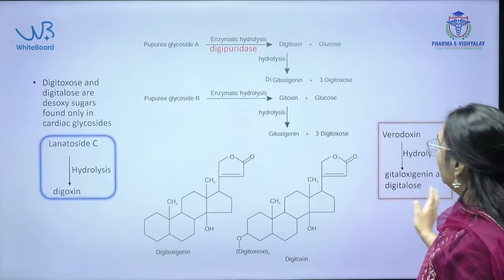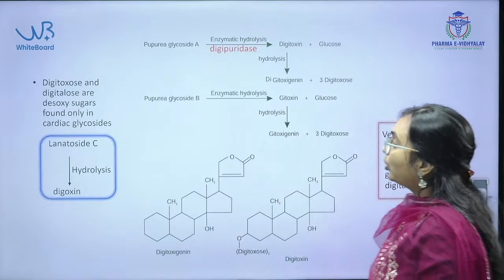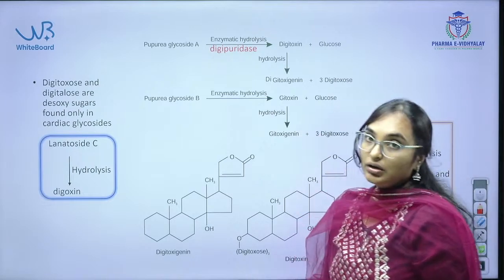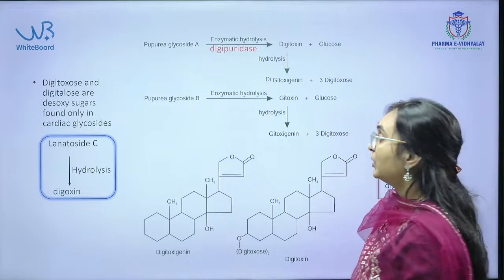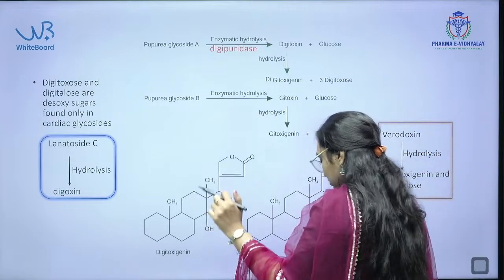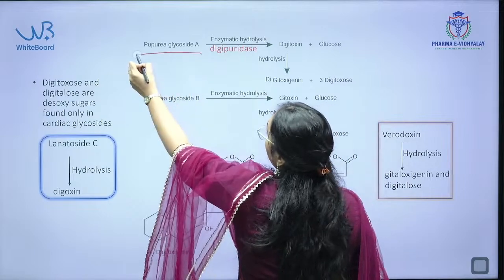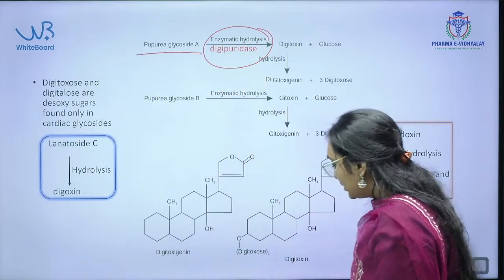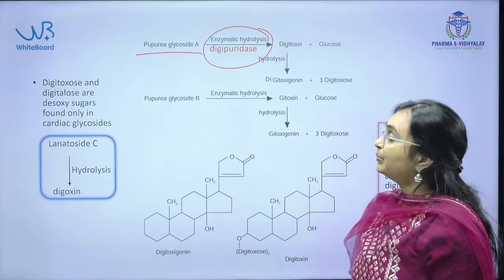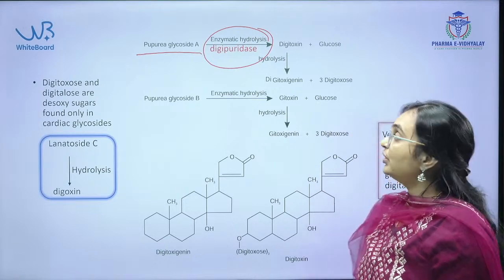Next, a very important slide: the metabolic conversions of these glycosides, how they convert. Purpurea glycoside A undergoes enzymatic hydrolysis in presence of the digipyridase enzyme.